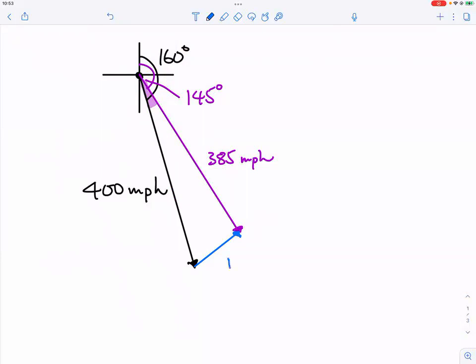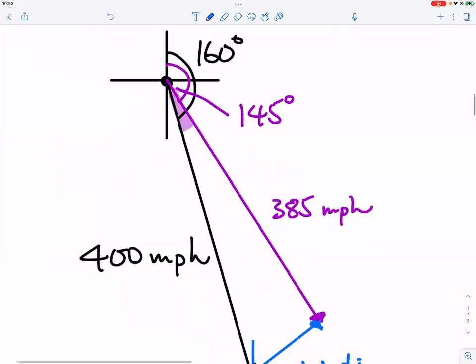So that's the wind speed. Okay, so we're wondering what's the wind speed and what's the direction here. So we need to figure it out. And we say this tiny angle is what? 15, right? 15 degrees. Let me go ahead and draw it out.